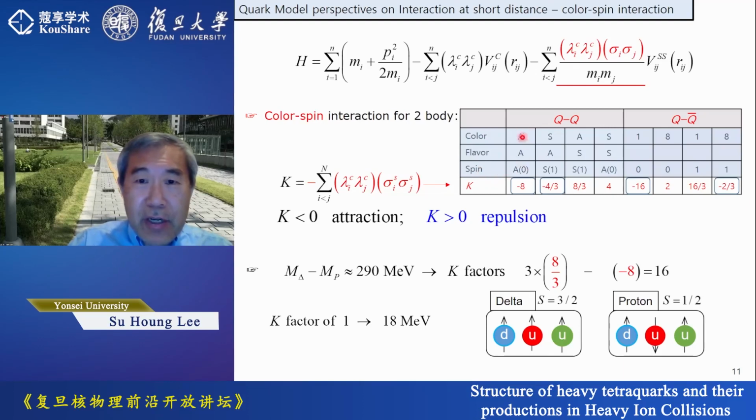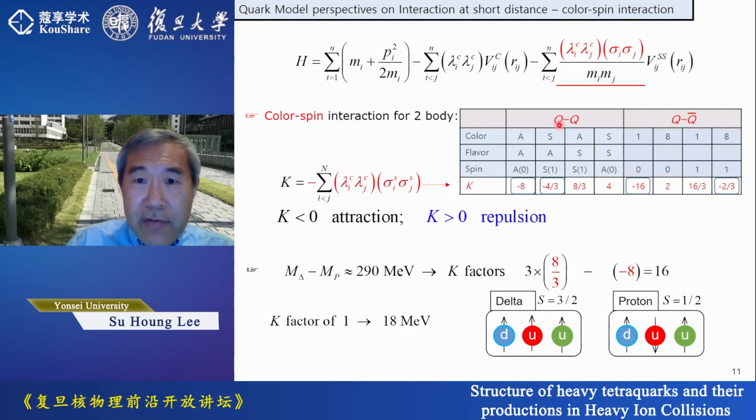If you look at the maximally antisymmetric configuration, this K factor is negative. For the quark antiquark, the most attractive channel is, of course, the color singlet spin zero state. That gives you something like -16. So this factor gives you the most attraction in the quark antiquark color singlet channel.